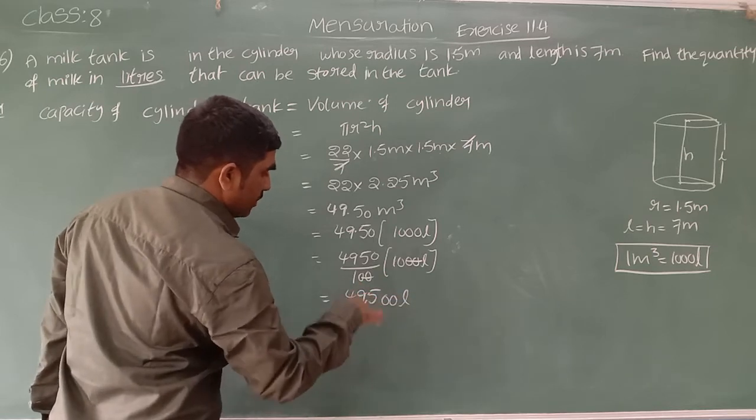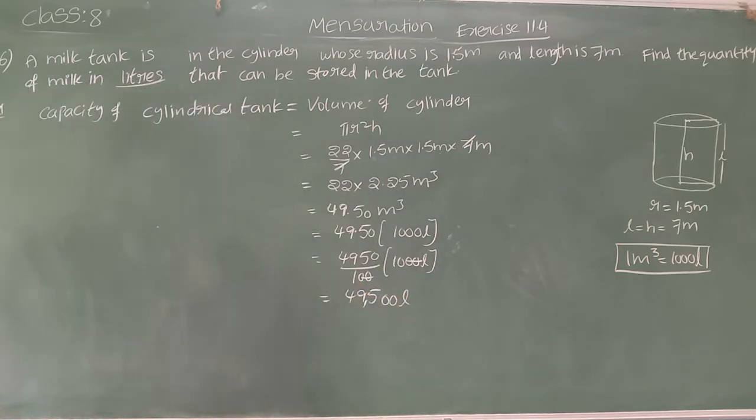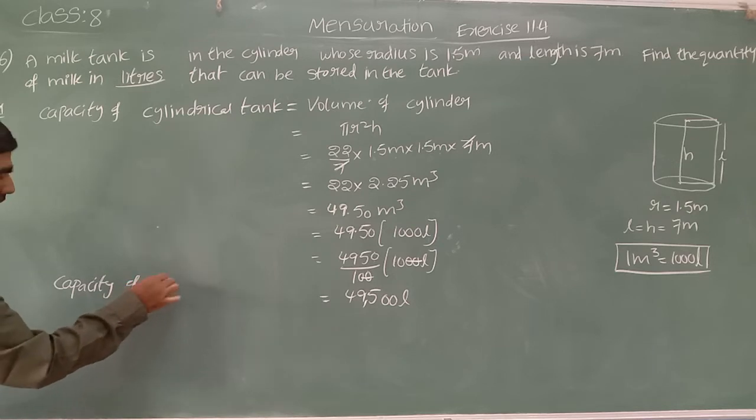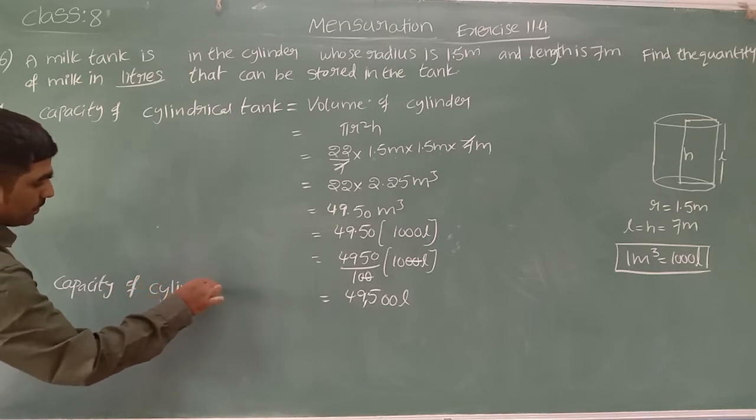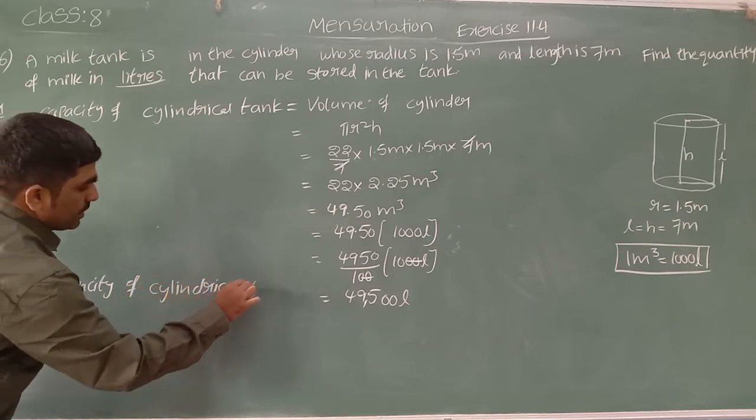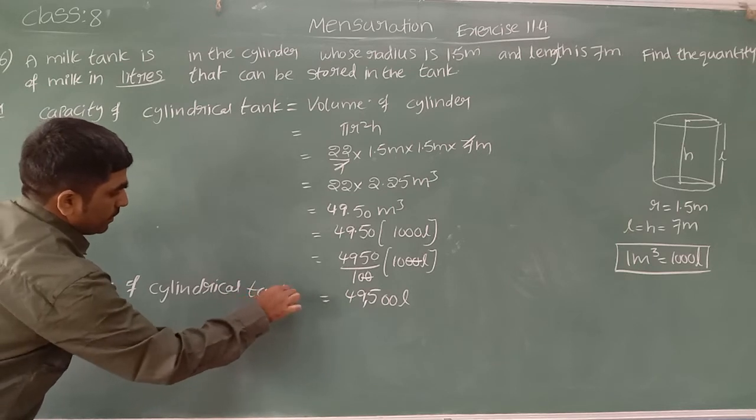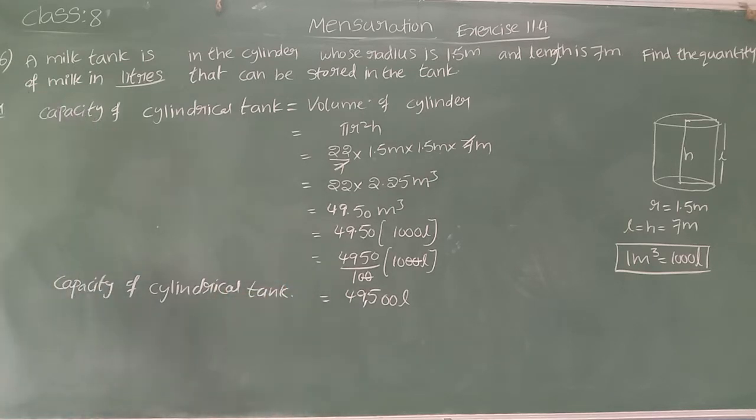So the capacity is 49,500 liters. Let us write here: capacity of cylindrical tank is equal to 49,500 liters.